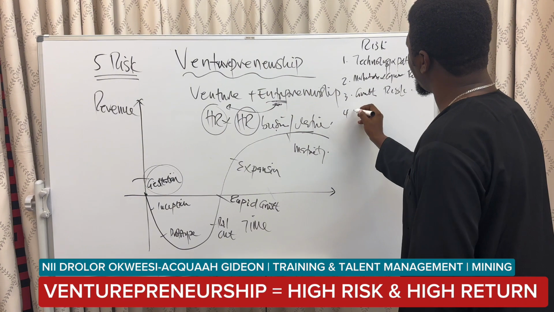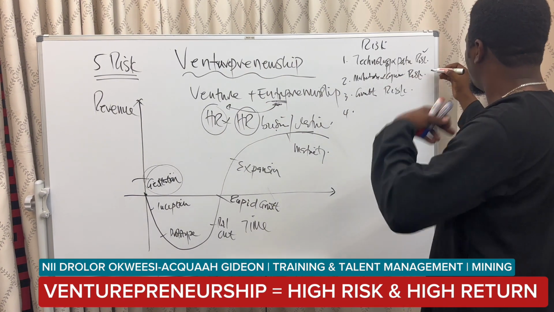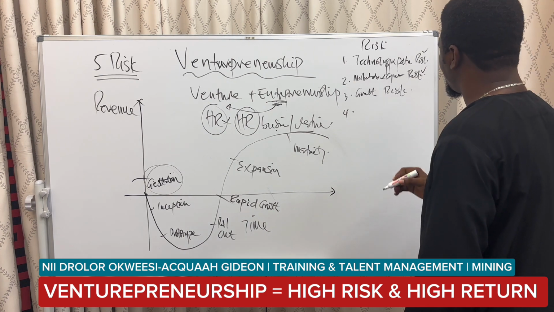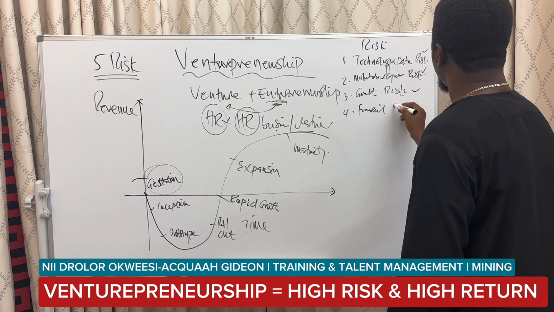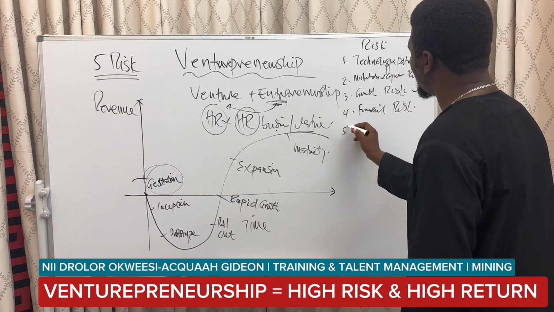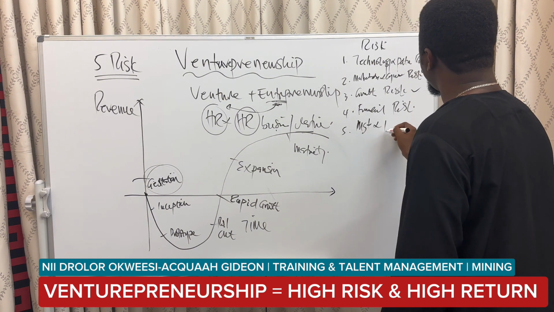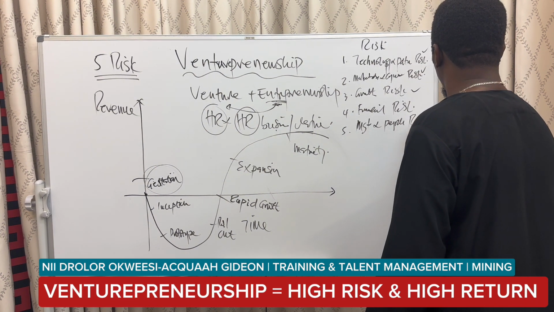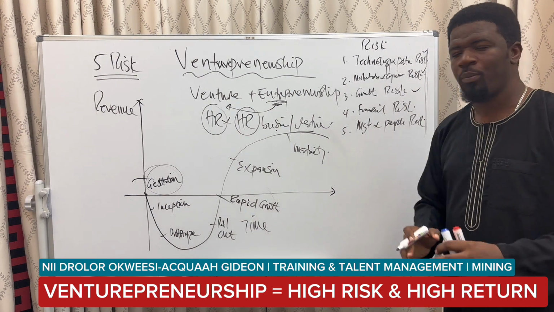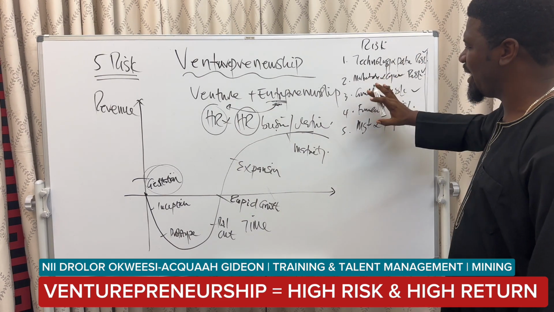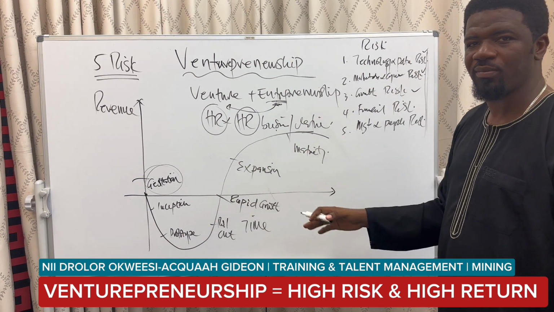The fourth one is financial risk, and finally we have the management and people risk. These are the 5 top risks you encounter at every stage of your business growth and development.